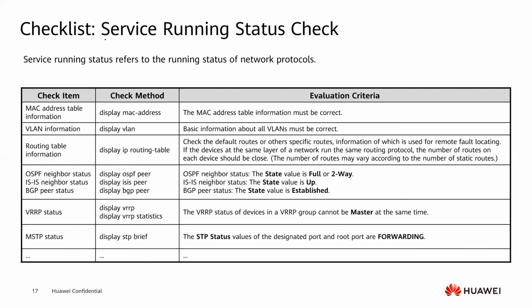We can also check the service running status. Here are some examples. For OSPF, we can use display ospf peer. I think we may use this command very commonly, because we have learned it in HCIA and HCIP. The state value is Full or 2-Way; 2-Way is only in an NBMA network.